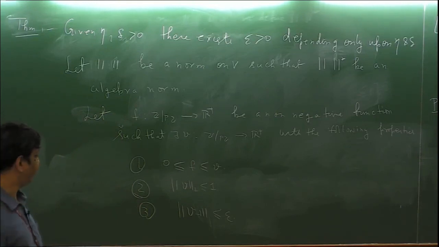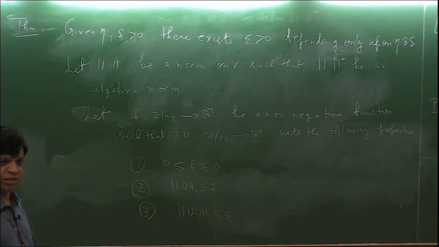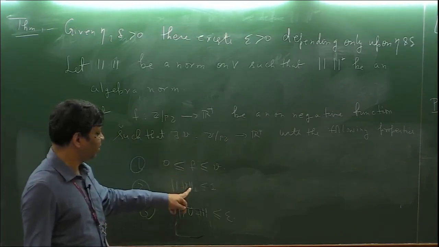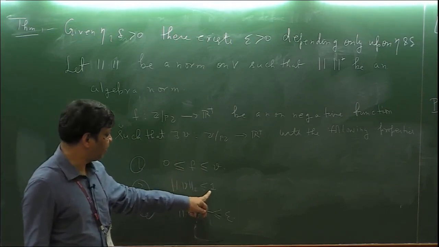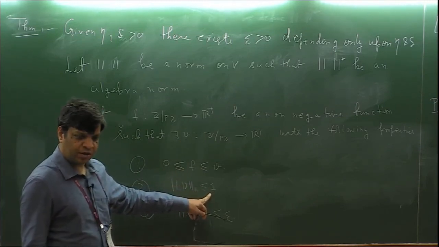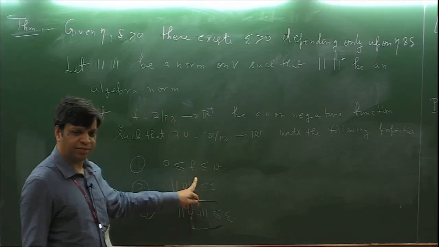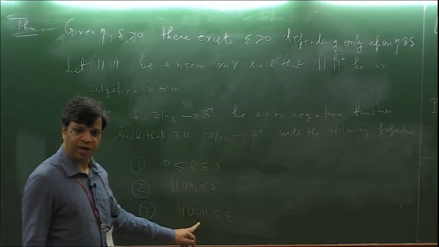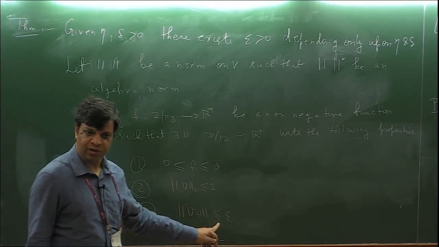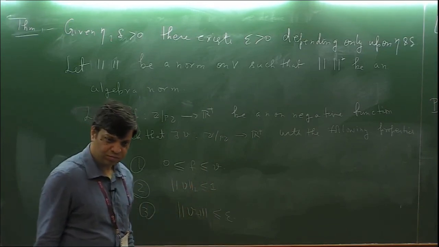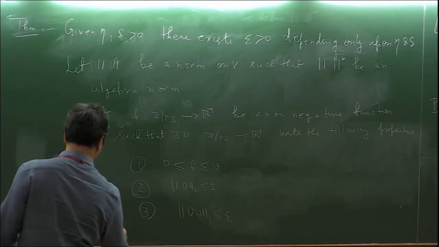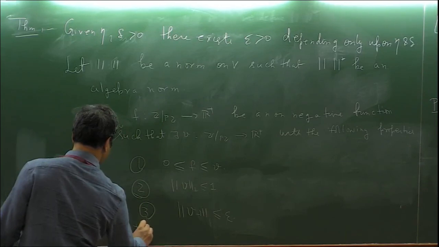So suppose there exists a function f for which there exists another function v such that it dominates f, the L1 norm of v is bounded by 1, and the norm of v minus 1 is pretty small, smaller than this epsilon. Then f belongs to K1 plus K2.